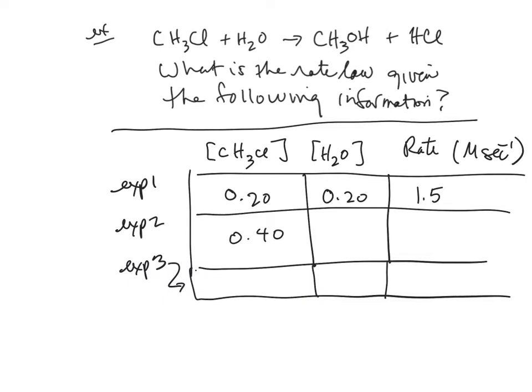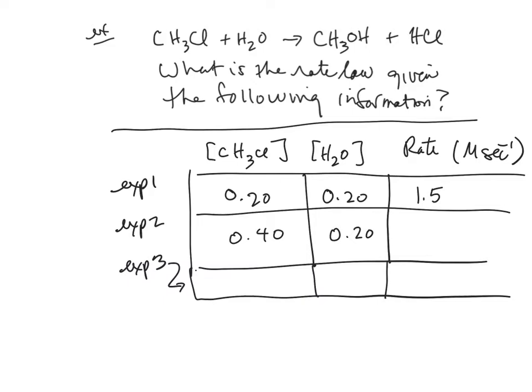All right, now you do a second experiment, and this time you double the concentration of the chloromethane relative to experiment 1, and you leave the concentration of water the same. What we're doing here is referred to as the isolation method, and you want to figure out what the rate is associated with the chloromethane. If you double the concentration of the chloromethane, how does the rate of the reaction change if the water itself stays the same?